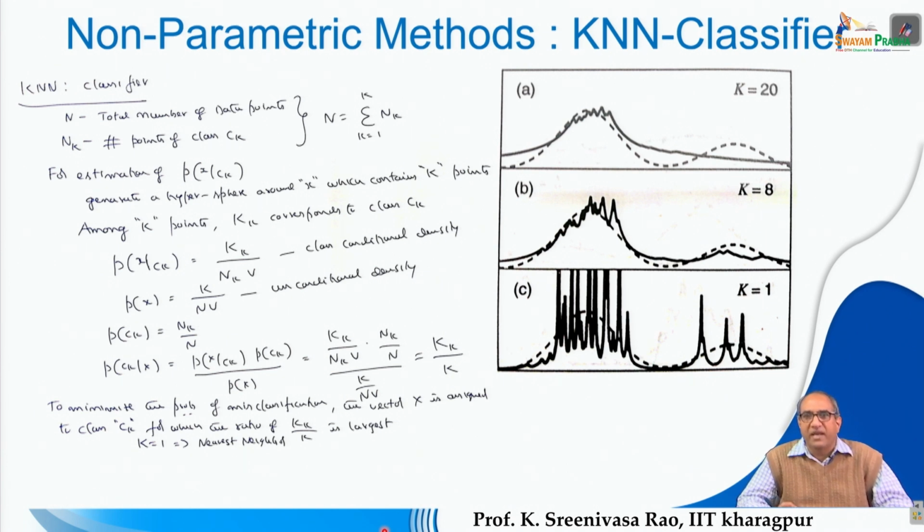Likewise we carry out the density estimation at each data point, and a linear combination of all these densities across all the data points gives the overall density of the given data.